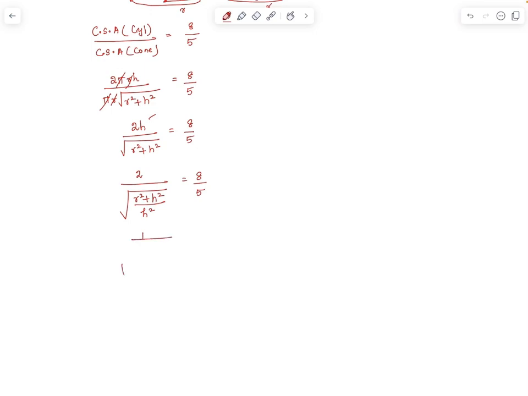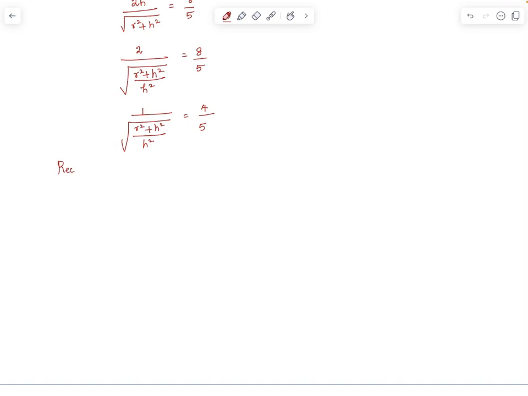That is, 1 upon root r square plus h square upon h square is equal to 4 upon 5. Now reciprocating both LHS and RHS, we get root r square plus h square upon h square is equal to 5 upon 4.